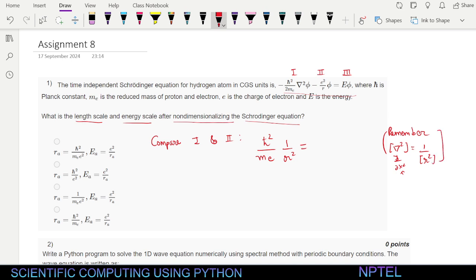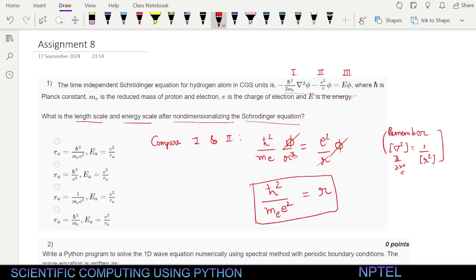And the second term is e square by r, times phi. So phi gets cancelled, one r gets cancelled, and the other r we can send to the other side. So here we have h square by m e square.